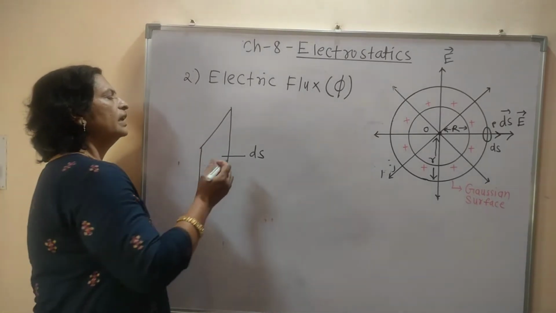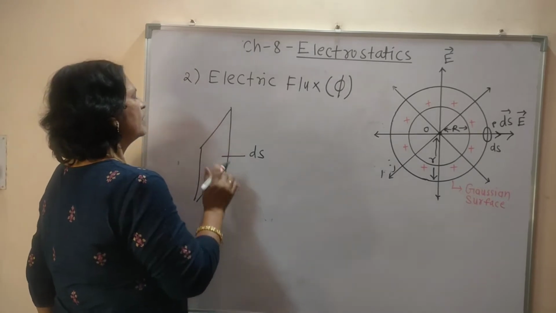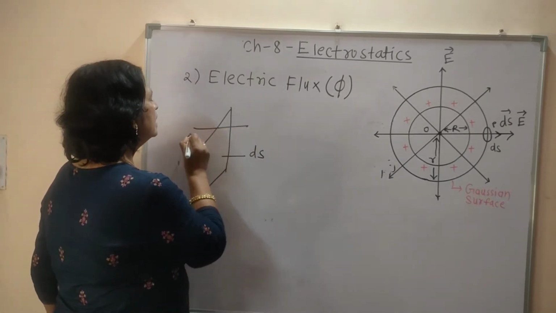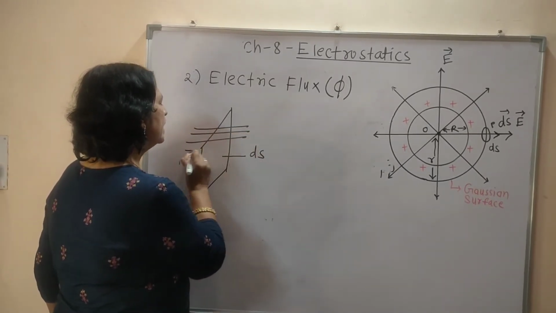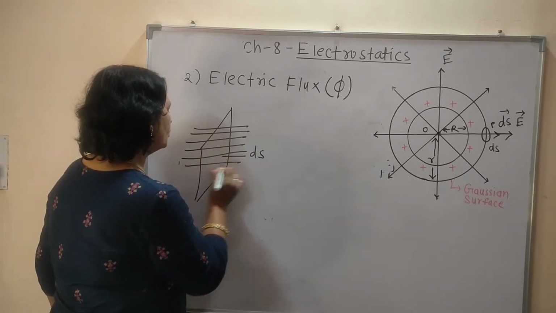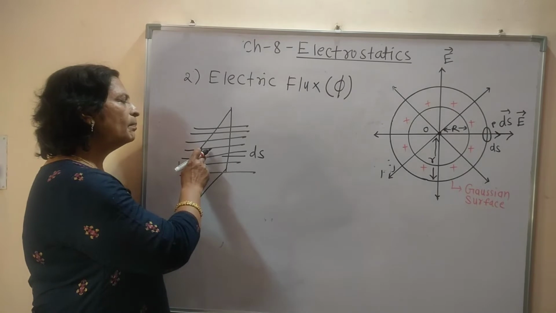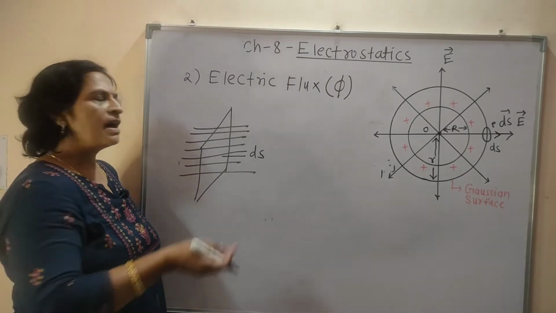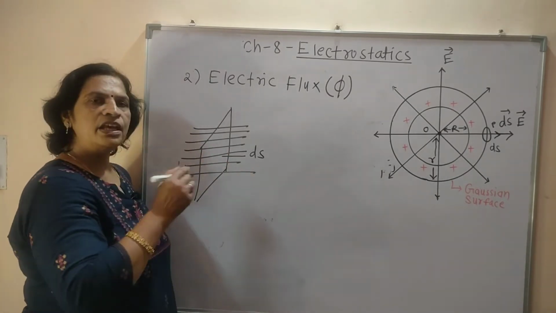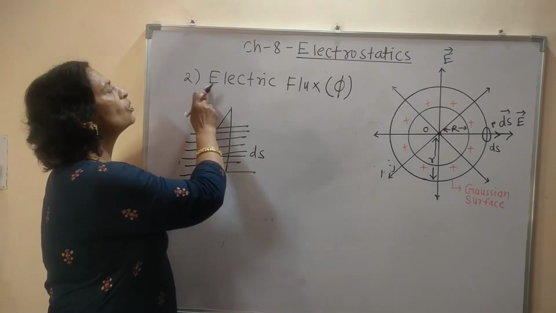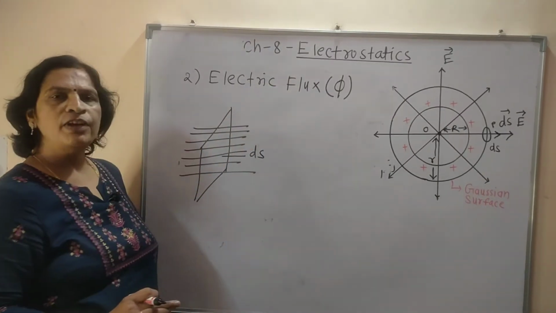Okay. In that area these are the field lines, passing normally through the given area. The number of field lines passing normally through the given area is called the electric flux.